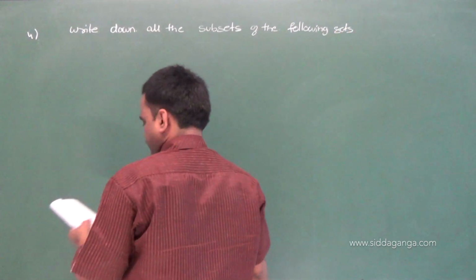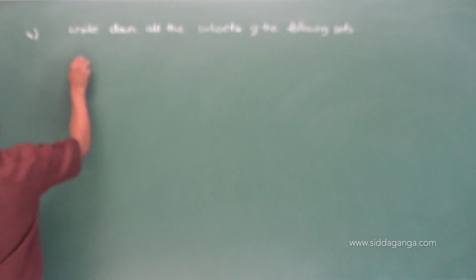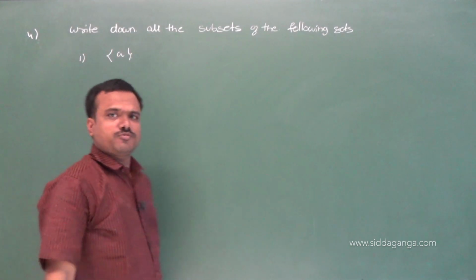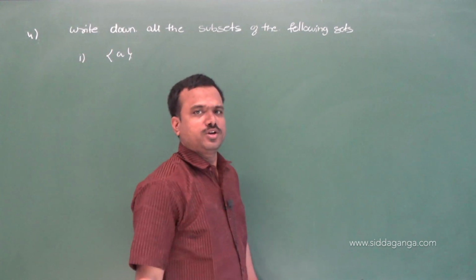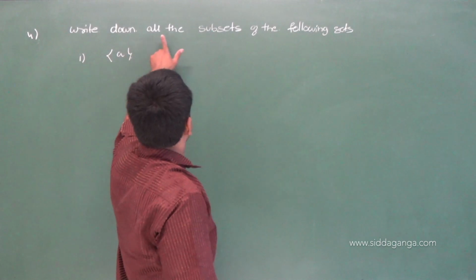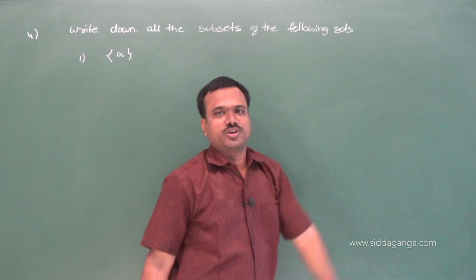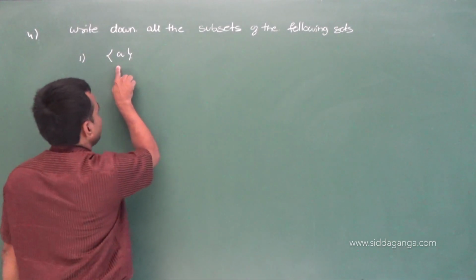First question. Write down all subsets of the following sets. He has given only one element.